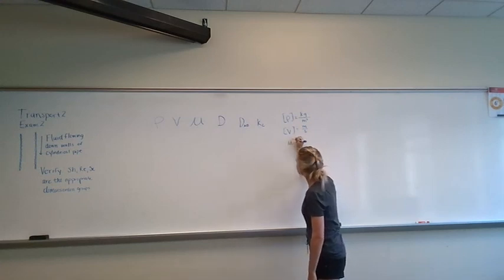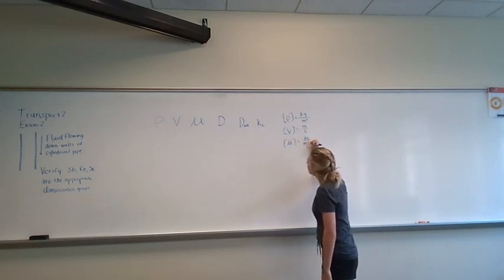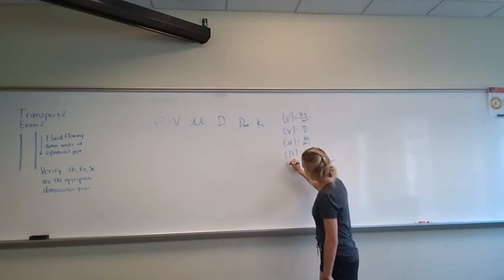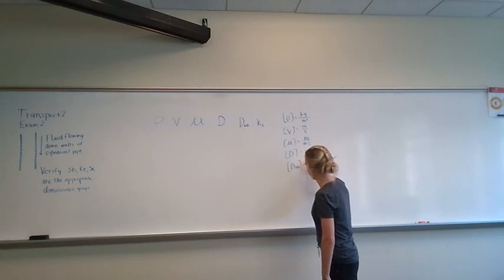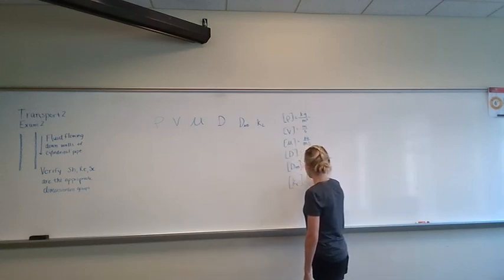Viscosity is in units of Pascal seconds, which in SI units is kilograms per meter second. The diameter is in units of meters. The diffusion coefficient is in units of meters squared per second. And finally, the mass transfer coefficient is in units of meters per second.